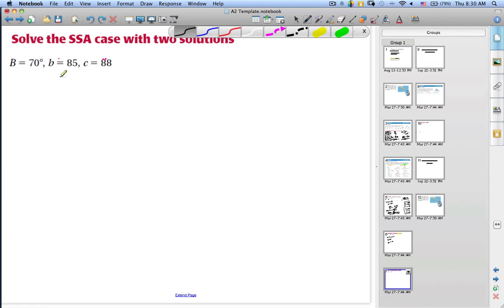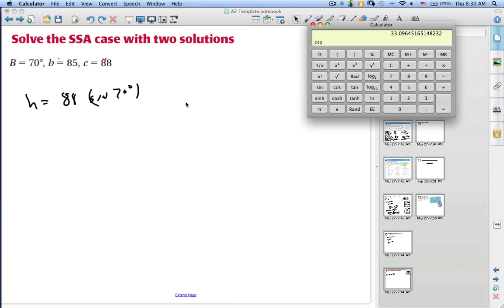So in this case, I see that my side opposite is shorter than the other side supplied. So again, I want to compare it to the height. The height is equal to 88 times the sine of 70 degrees. I pull out my trusty calculator, so I find the sine of 70 degrees times 88.